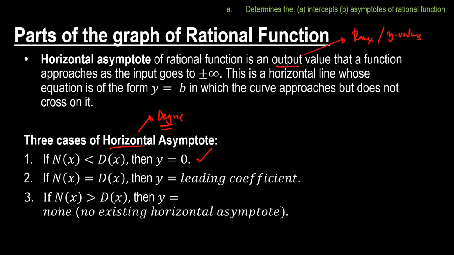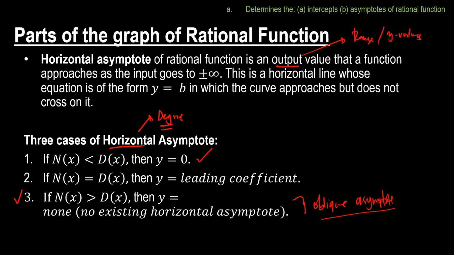Third, if the degree of the numerator is greater than the degree of the denominator, then there is no horizontal asymptote. Ngayon, kapag nandito tayo sa condition 3, papasok diyan, class, si oblique. Papasok diyan si oblique asymptote. Si oblique asymptote, class, magkakaroon lang ng oblique asymptote kapag wala si horizontal asymptote.